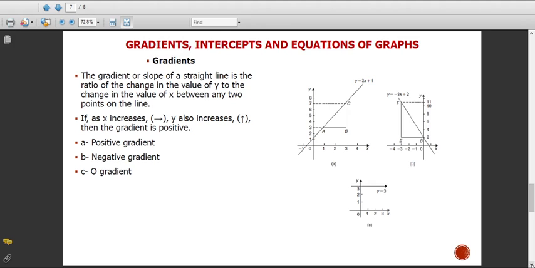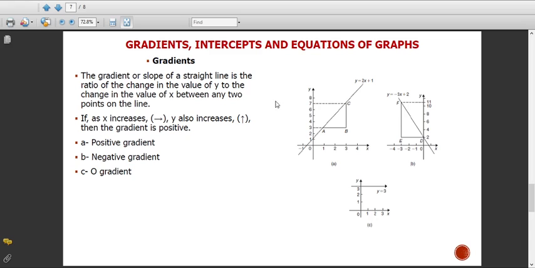So after knowing how to plot our graph, we can now determine the gradient, the intercept, and then the equations of graphs. So a gradient of a line, or usually known as the slope of a straight line, is the ratio of the change in the value of y to the change in the value of x between any 2 points on that line.